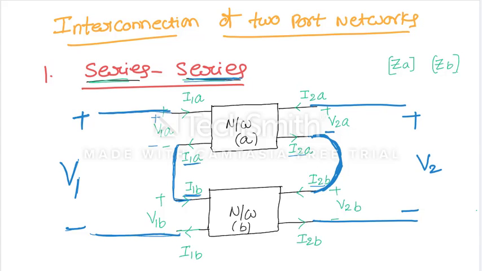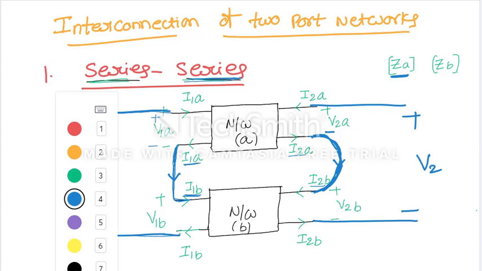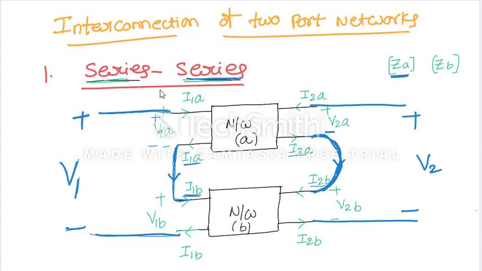If the two networks are connected in series, the condition is that the same current has to flow. If ZA is the Z parameters of the first network and ZB is the Z parameters of the second network, I am treating this whole box as a single network.